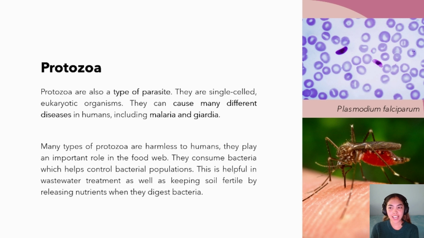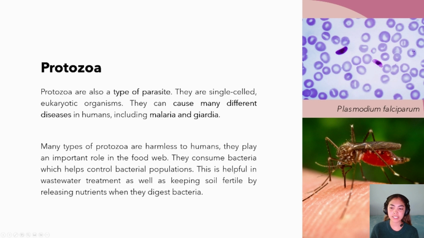The next one we're looking at is protozoa. Protozoa actually are also parasites, except they are very small ones, and they most definitely live inside of us. They're single celled, they are eukaryotic organisms, and they can cause many different diseases such as malaria and giardia. You can see on the side here, I've got a picture of a mosquito.